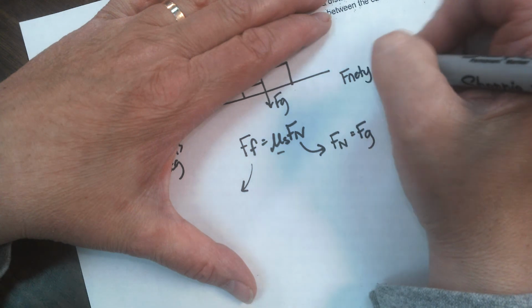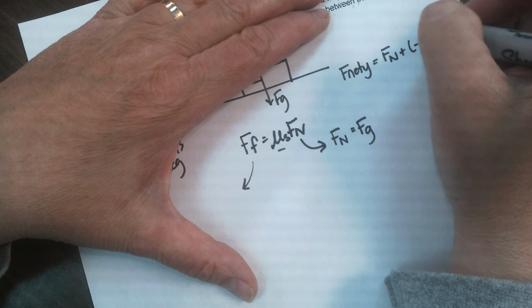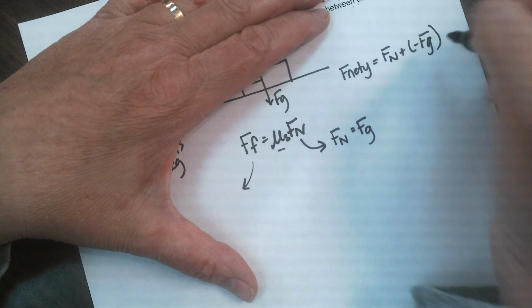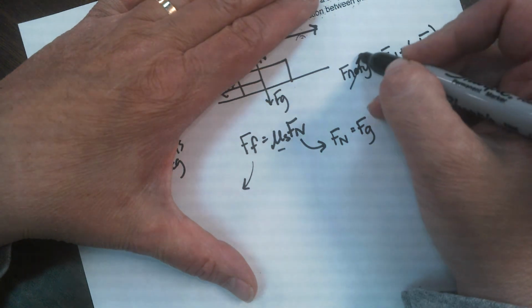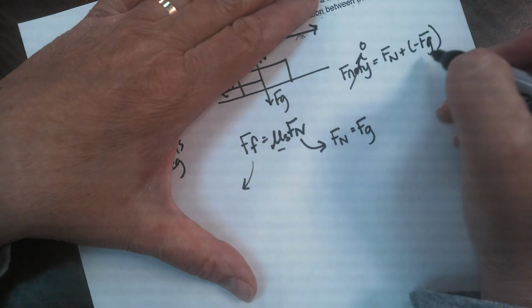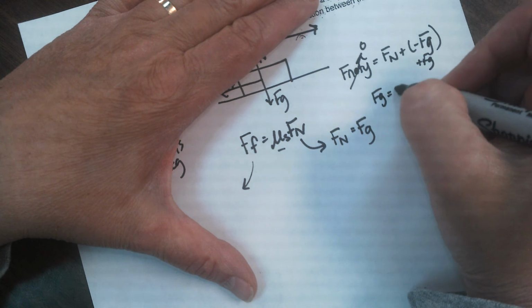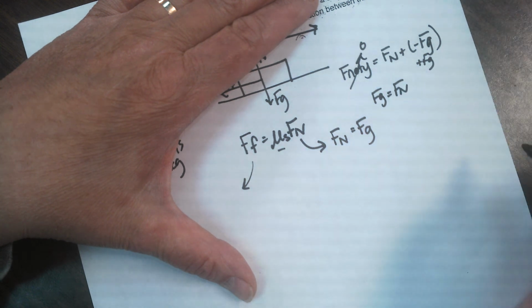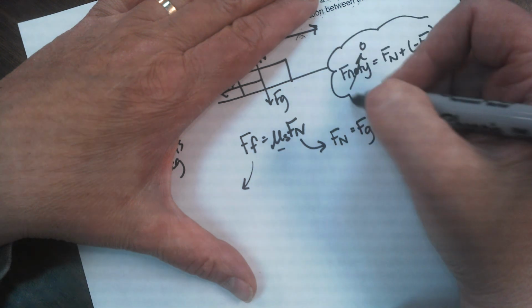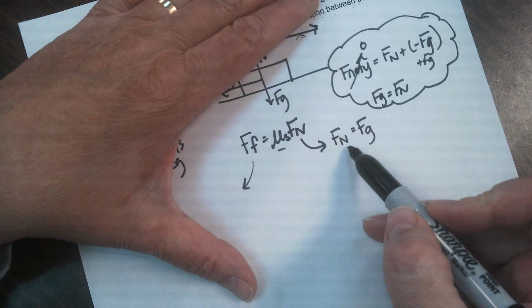Force net in the y will be equal to force of normal plus the negative force of gravity. Because it's not levitating or going through the ground, that is 0, which means that Fg is equal to Fn. This is the formula step that gets us to here.